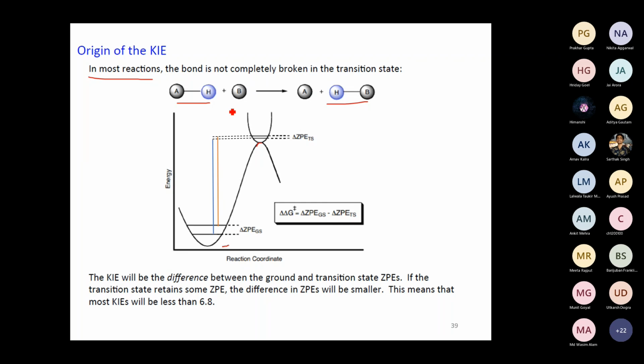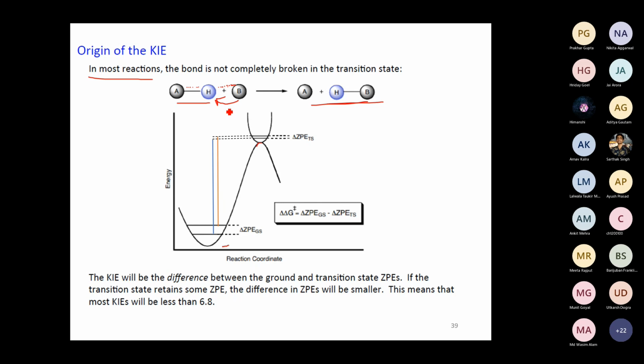The left hand side is the starting material, the right hand side is the product. In the transition state the AH bond is being cleaved, A dot dot dot H, and the BH bond is forming, not completely formed, but forming. So B comes close and the BH bond will form as the AH bond cleaves, similar to SN2 type reactions.